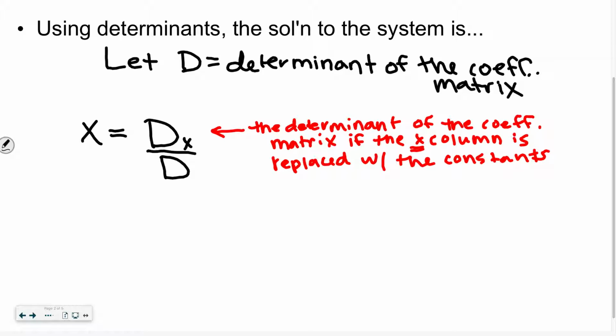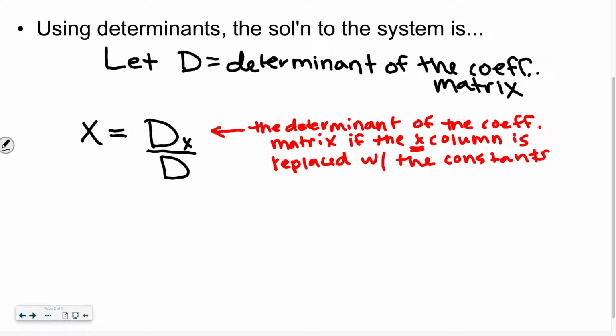So it's another determinant. It's not the determinant of the exact coefficient matrix, because then we would always get 1. Whatever letter you're solving for, in this case x, you take out all the coefficients of x and drop in the constants, what the equations are equal to. Calculate a new determinant, divide that determinant by the determinant of your coefficient matrix, and that's your value of x.